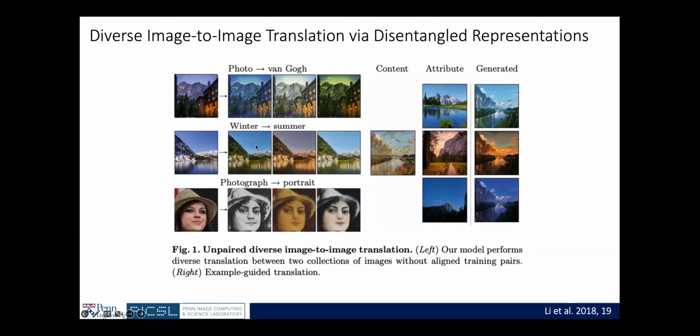And the style is what distinguishes these different mountain ranges and lakes. This one is more wintry, then it becomes fall, then spring, and then summer. So this is more like style, able to distinguish the colors in that particular picture.